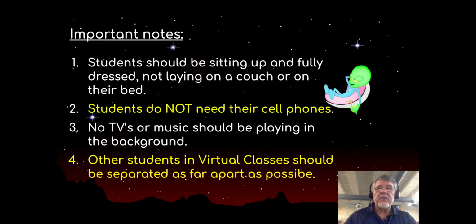And no TVs or music should be playing in the background. This is just a distraction. Obviously, if it's kind of quiet, relaxing, whatever, but in general, sometimes when students unmute, there's just this blaring loud noise coming from behind, and that should not be the case. That's not helpful to the students.